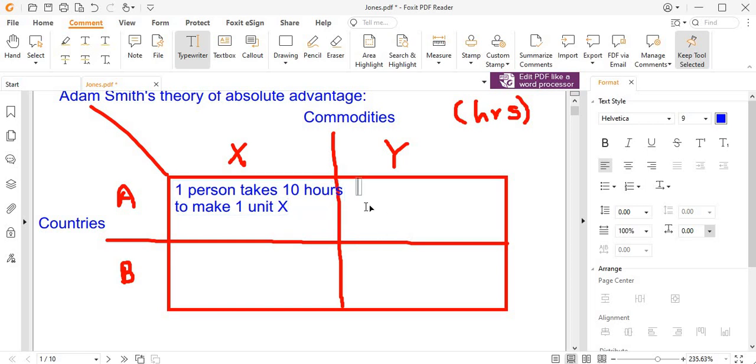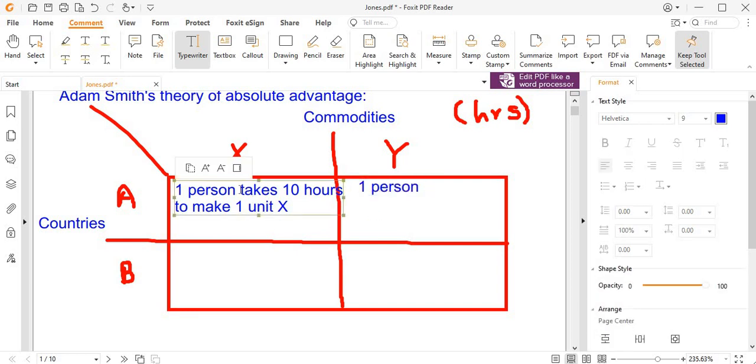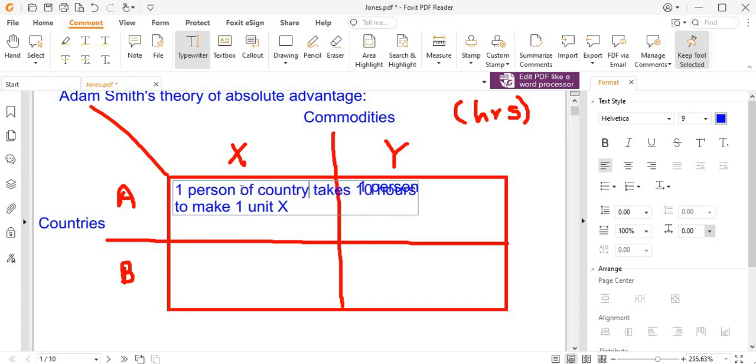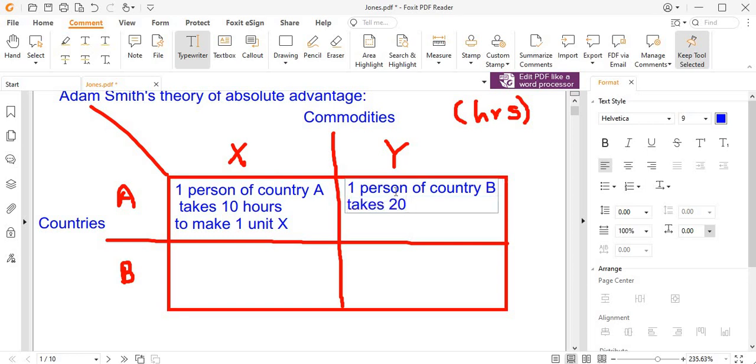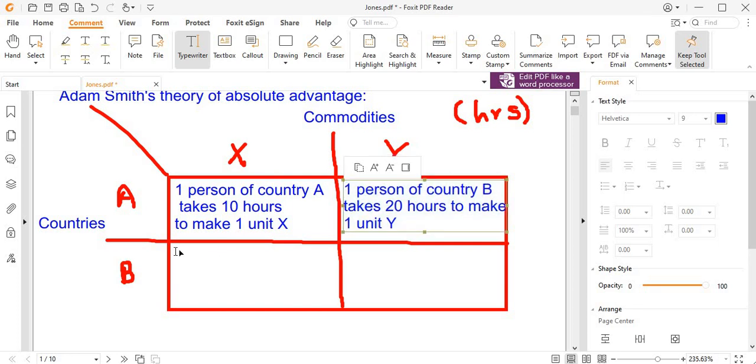And then one person of country A takes 10 hours to make one unit X, and one person, since it's in the same row, one person of country B takes, say, 20 hours to make one unit, this time it's Y, right? So this is part of the story.